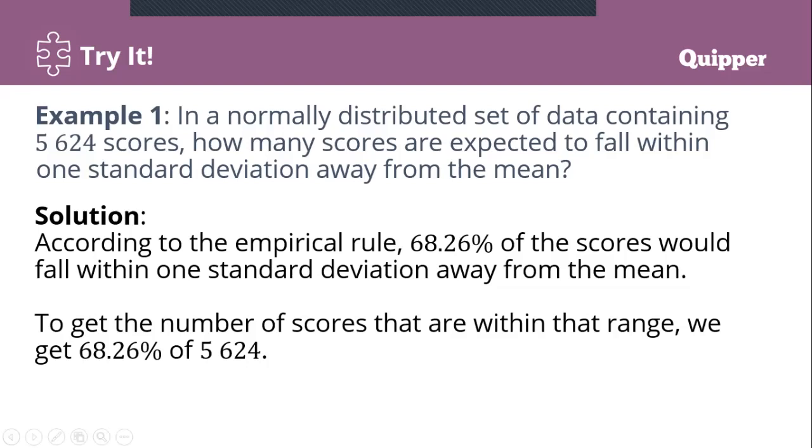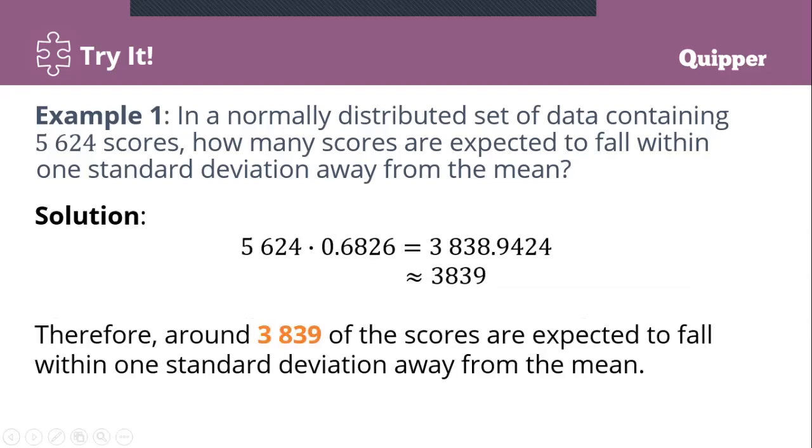To get the number of scores within that range, we multiply 5,624 times 68.26%, changed into decimal by moving 2 places to the left. So 5,624 times 0.6826 equals 3,838.9424.